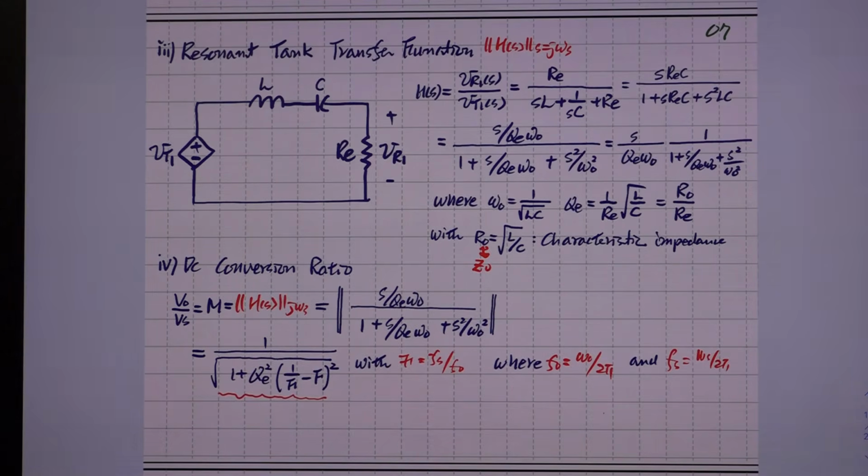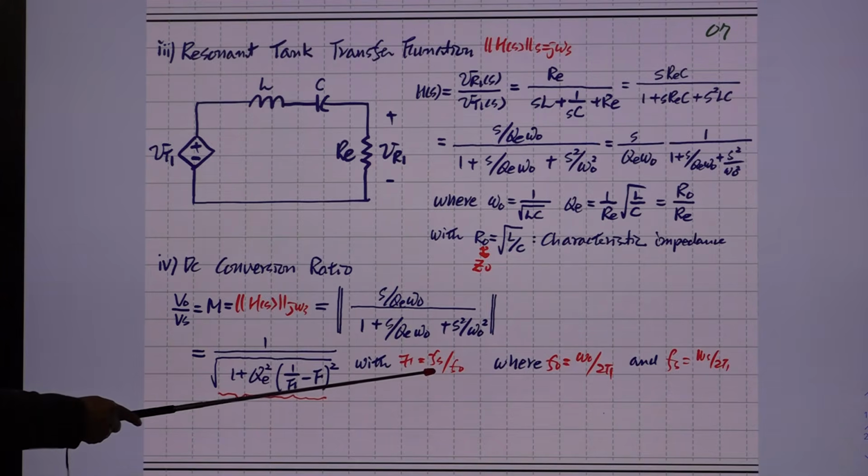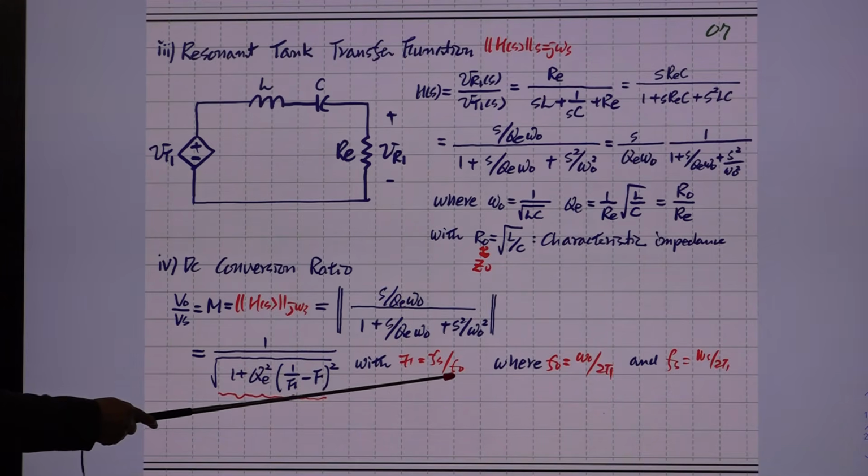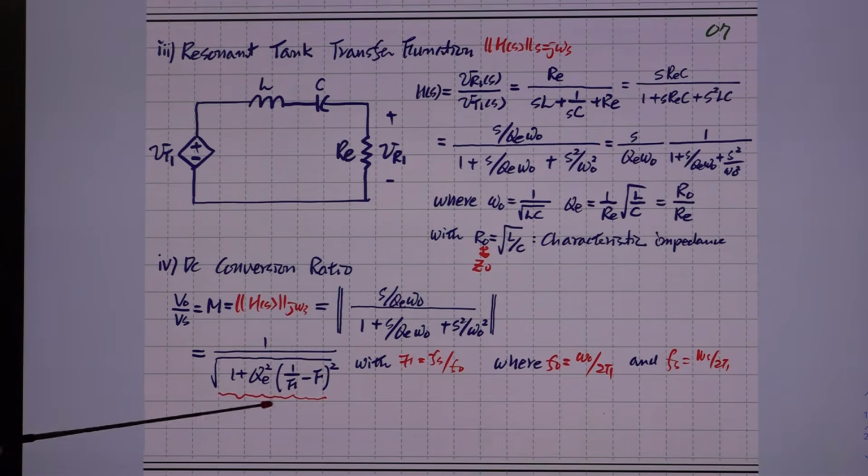This formula says that if the switching frequency is exactly at the resonant frequency, this becomes 1, this becomes 0, and the voltage gain is just 1, which is the same as the circuit analysis. Just take a look at the circuit and think about the definition of resonance.